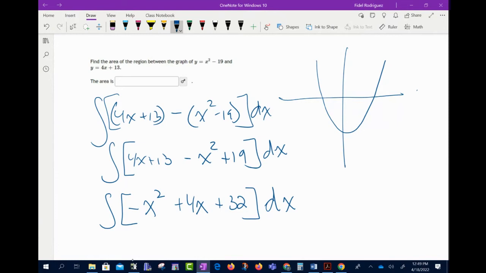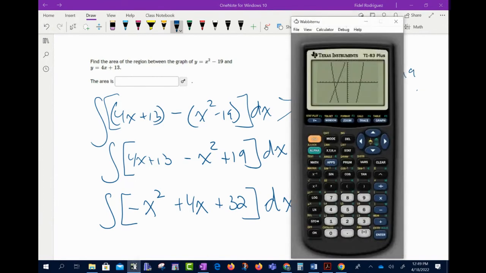Something like that, right? So here's my 4x plus 13, and here is my x squared minus 19, right? So again, if I look at the picture, yeah, there it is right there. It's just, I'm not zoomed out enough, you know what I mean?